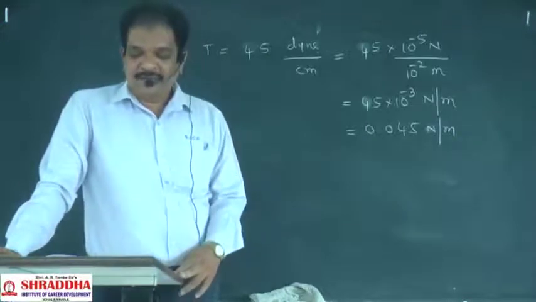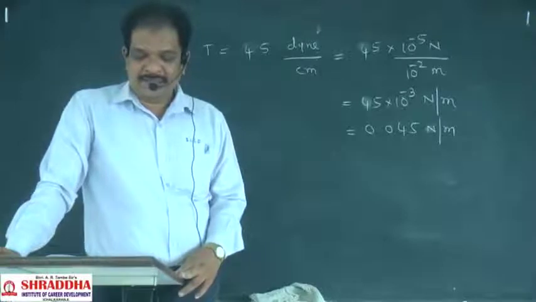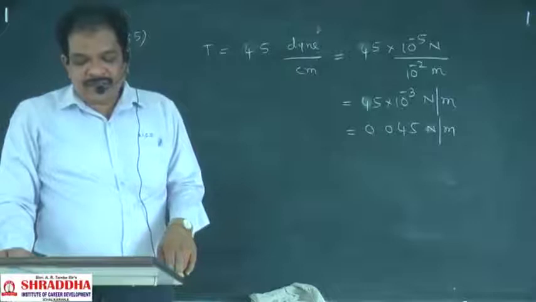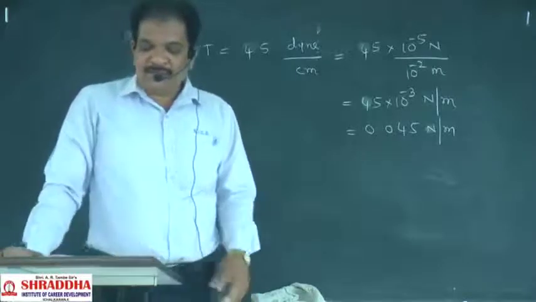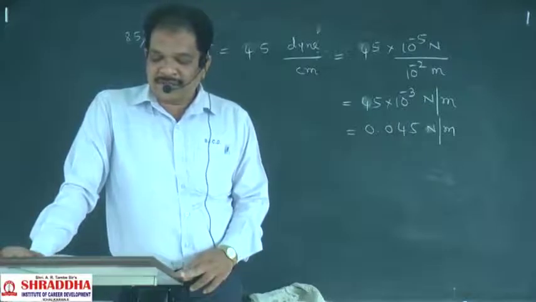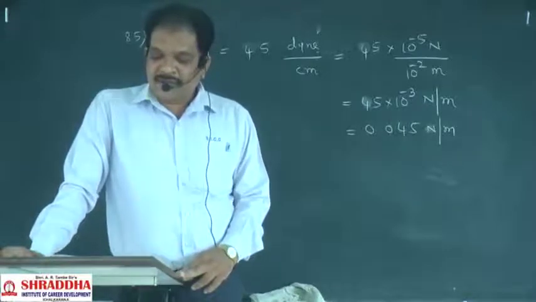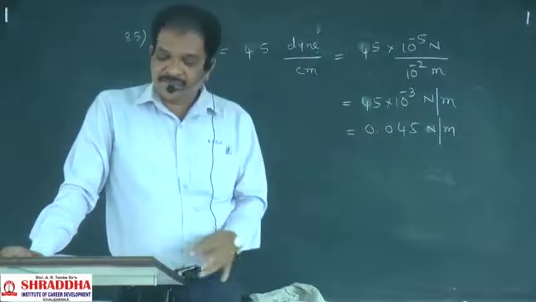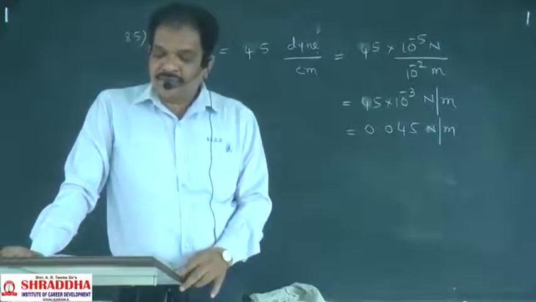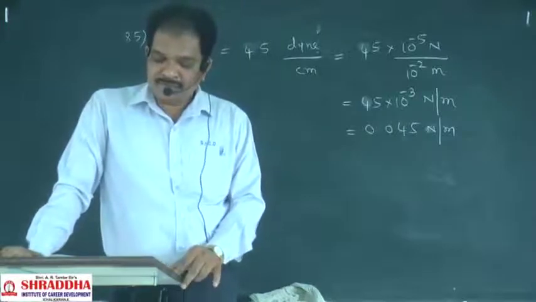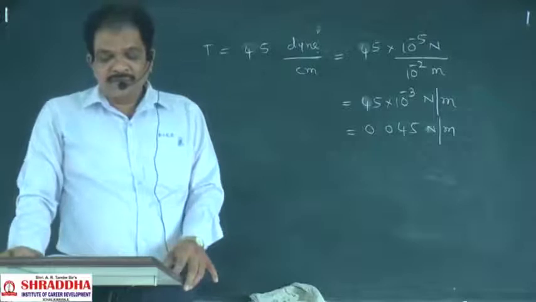Next. 86. What they are asking? Minute is the unit of time. 10 meter per second square is the unit of acceleration. 100 kg is the unit of mass. So new unit of work in joules is how much? Okay.